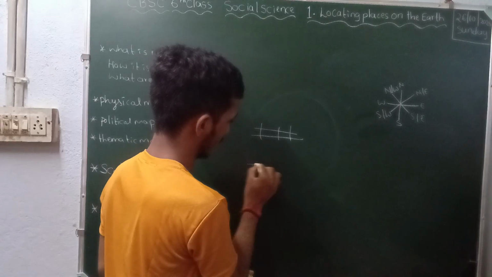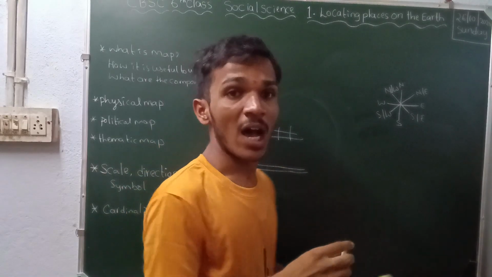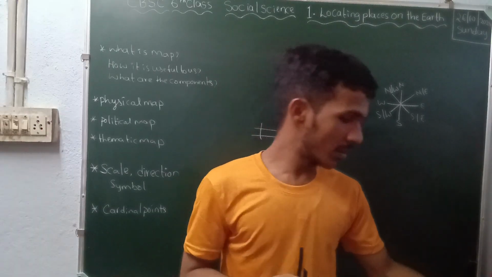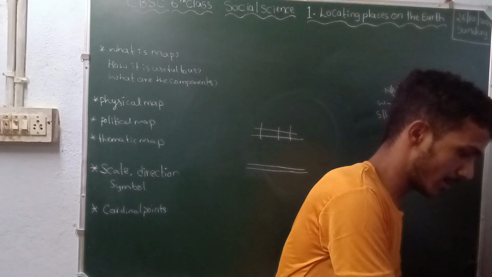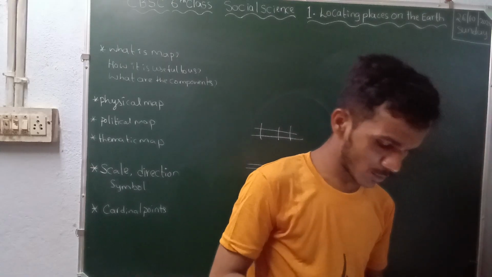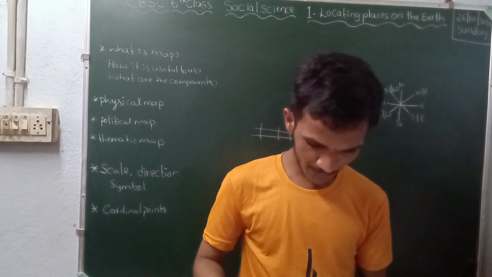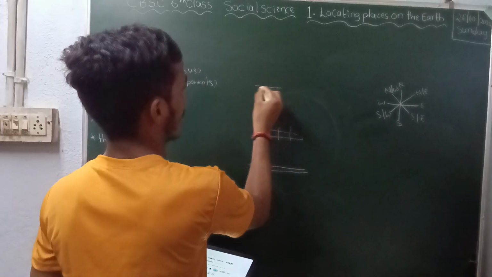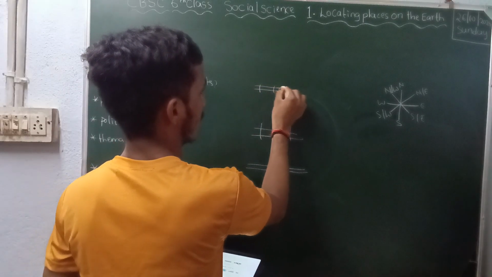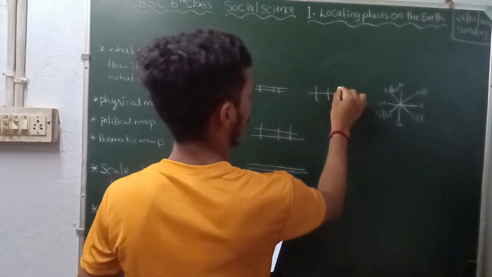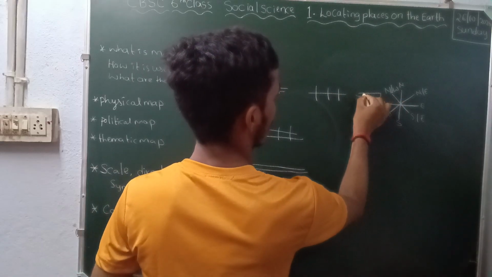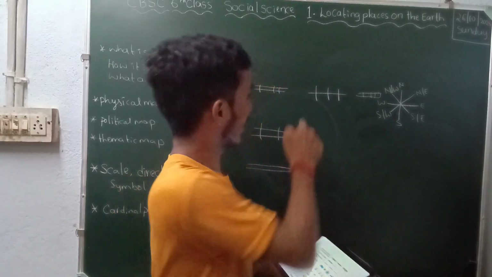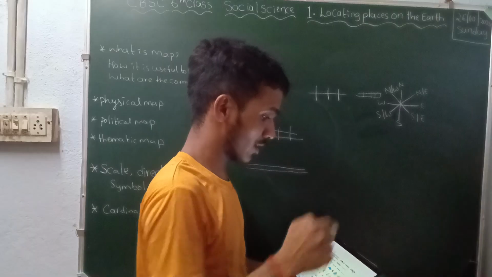For roads also, the Government of India has proposed a few symbols. For railway lines, they proposed three different types of symbols. These are used for broad gauge, metre gauge, as well as railway station.